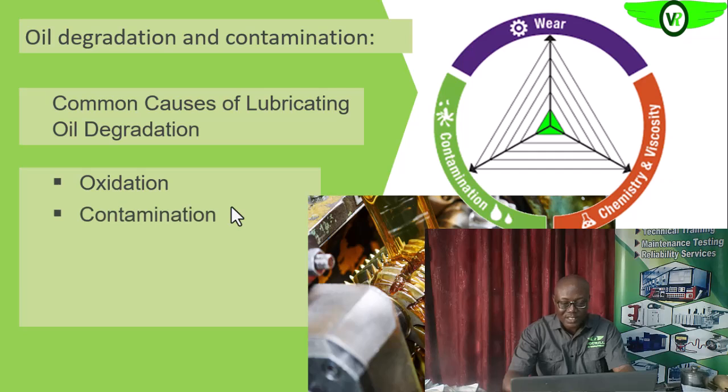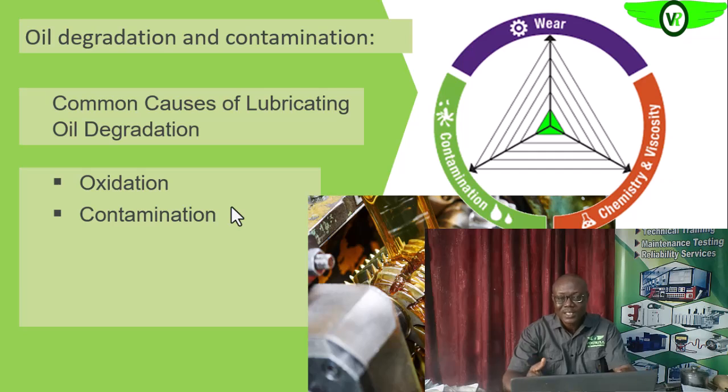Then contamination. Contamination could be external or internal. Contamination from the external could be that we have leakage somewhere, which could be cooling water leaking into the lubricating oil system, or process fluid, or diesel, that is fuel, leaking into the lubricating oil system.